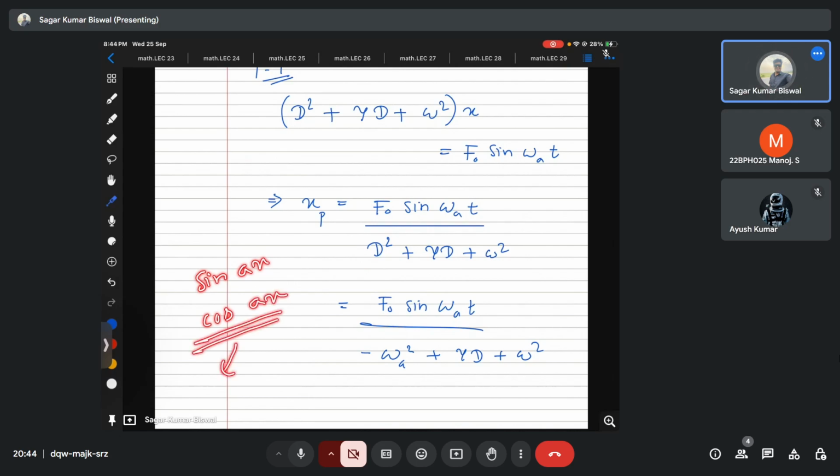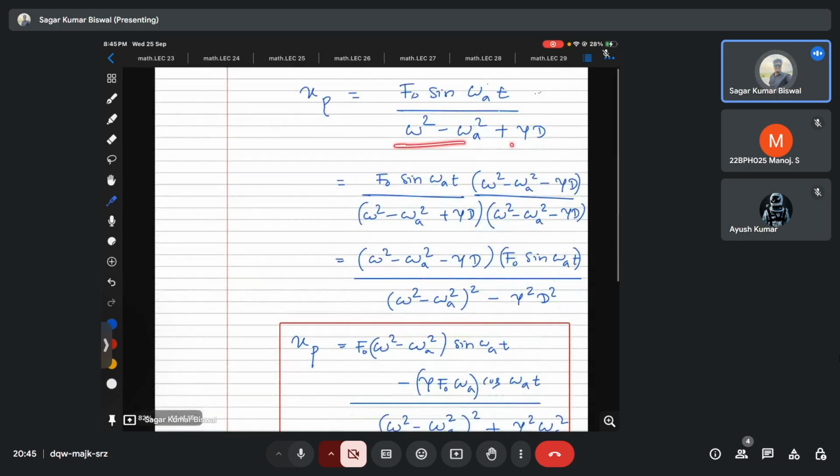In the place of D square you have to put minus a square, right? So here in the place of D square I am putting minus omega a square. And these are the terms that are remaining. Now how to solve it? Again there is a D here also.